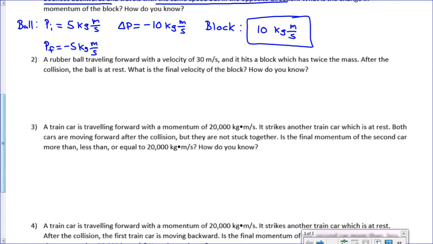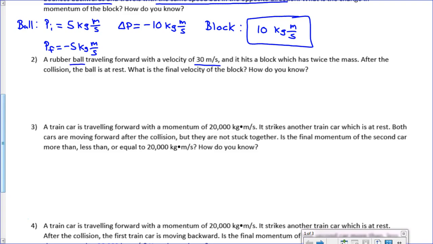For number 2, it says a rubber ball is traveling forward with a velocity of 30 meters per second. It hits a block with twice the mass. After the collision, the ball is at rest. What is the final velocity of the block, and how do you know? So here's the case in this one. We've got a ball, and it's traveling 30 meters per second.